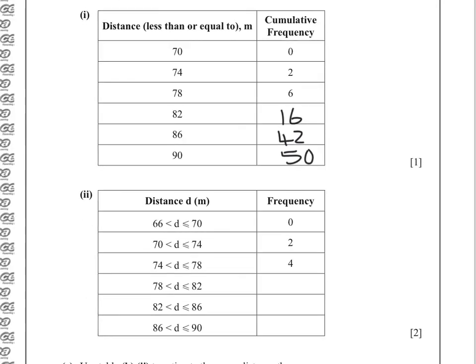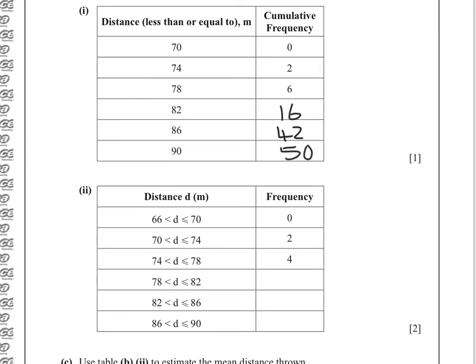If we then use that to find the frequencies, so 78 to 82 are the difference between less than 82 and 78, so that's 16, take away 6, which is 10. 82 to 86 will be 42, take away 16, which is 26. And finally, the last section, 50, take away 42, which will be 8.